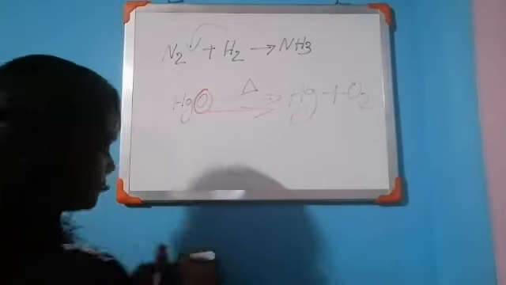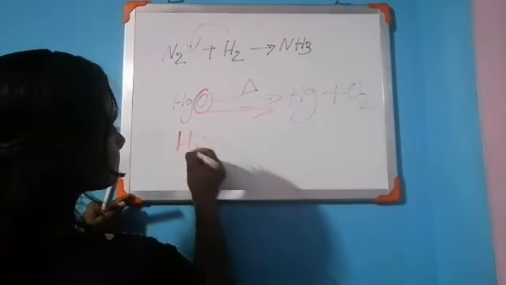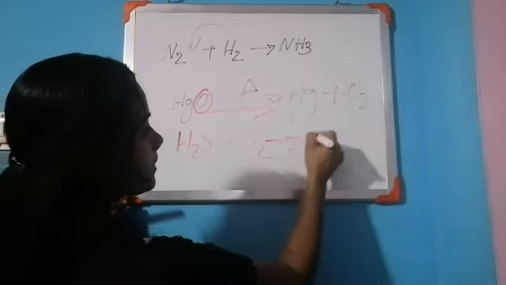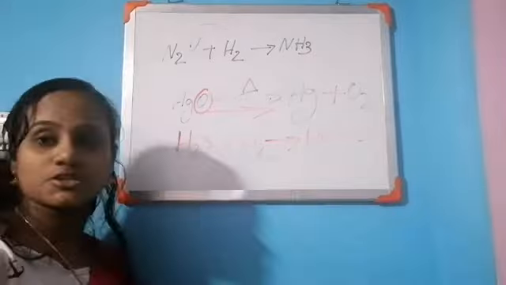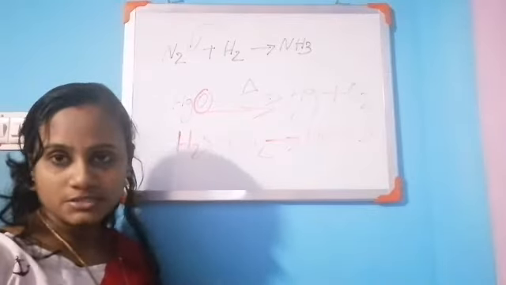In the oxidation reaction we wrote hydrogen sulfide plus chlorine to form HCl plus sulfur. Here I told you chlorine is an oxidizing agent.